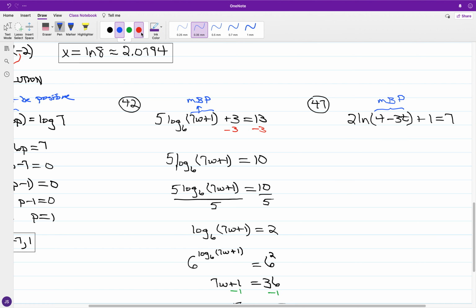Okay, and for this equation, if I take 1 away from both sides, I have 2 times the natural logarithm of the quantity of 4 minus 3t, that is equal to 6, and I can take care of the coefficient 2 upon dividing.